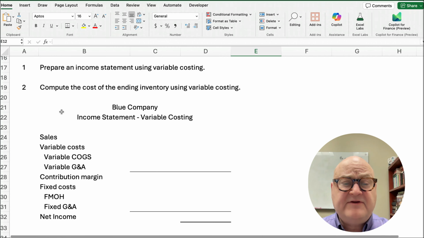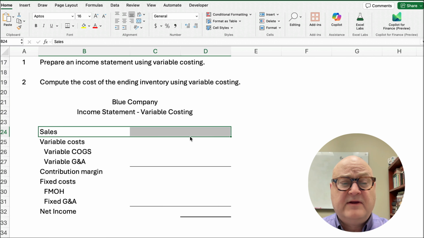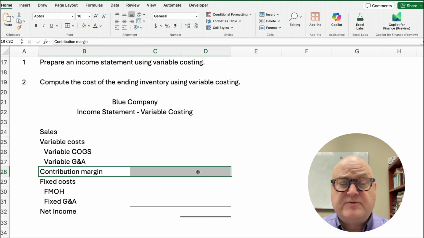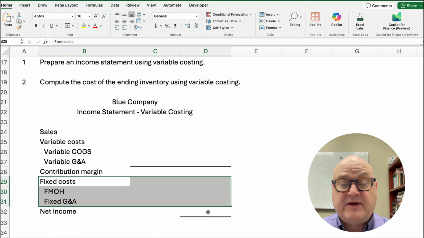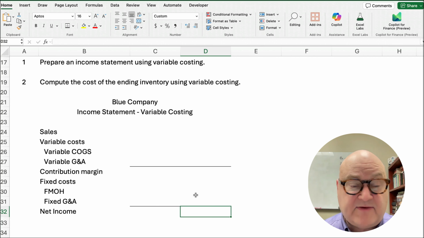And what I've done, I've just set up the template here so you can see we got sales, and then we'll have variable cost, and then we'll have contribution margin. So by definition, sales minus variable cost gives us contribution margin, and then we'll have our fixed cost, and that will give us net income or profit. We're assuming no taxes, so net income would be fine, or profit would be fine.